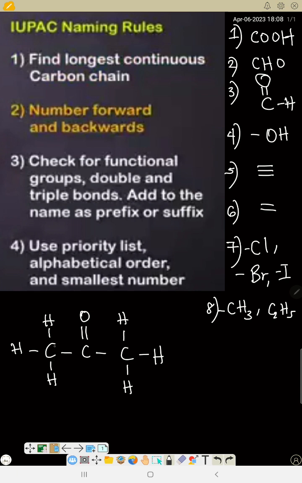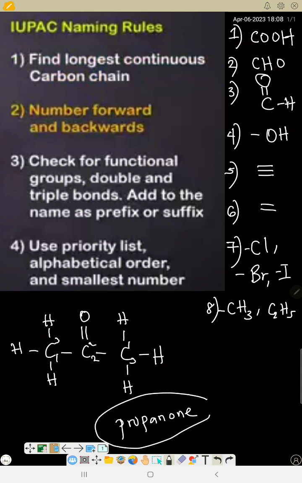This one is how many carbons? 1 2 3, 1 2 3. This is prop. So this is propanone. Because this is an alkanone, that is propanone. So that is the name of this compound, propanone.